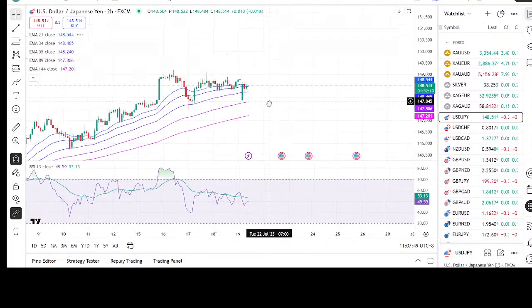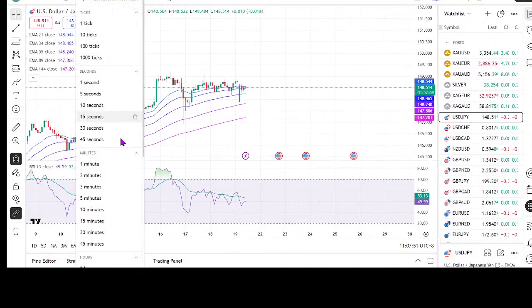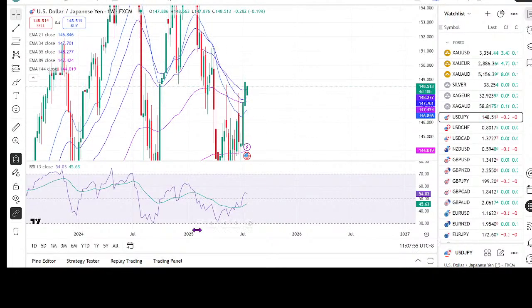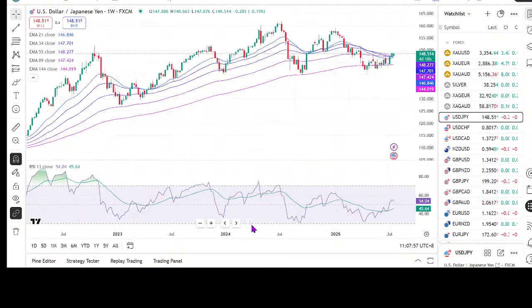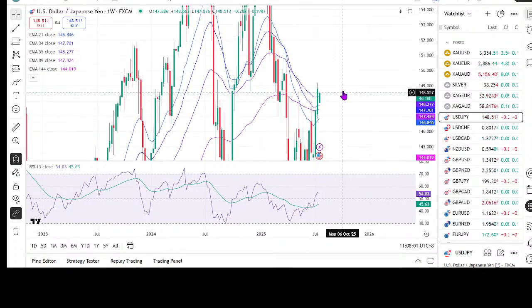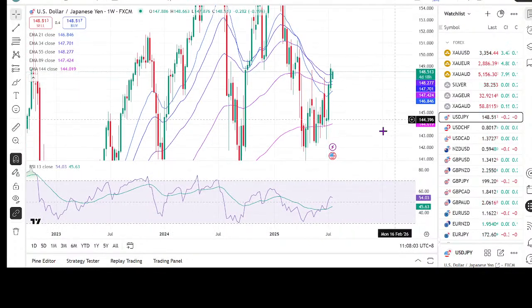Okay, dollar yen, we'll start off from the weekly range. So weekly, we are expecting this high to break. I think price can still go higher.